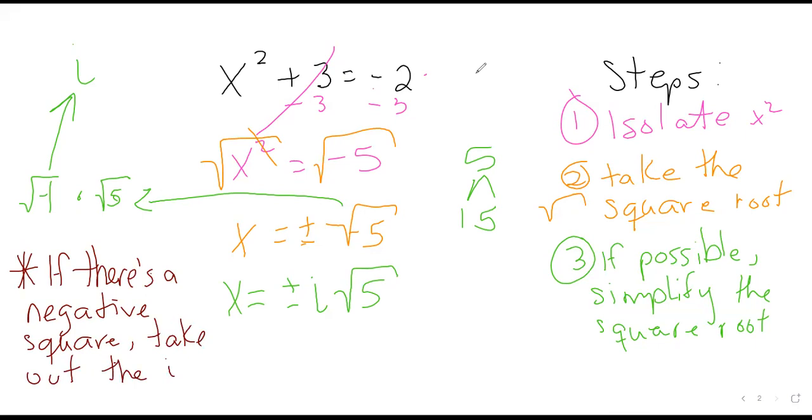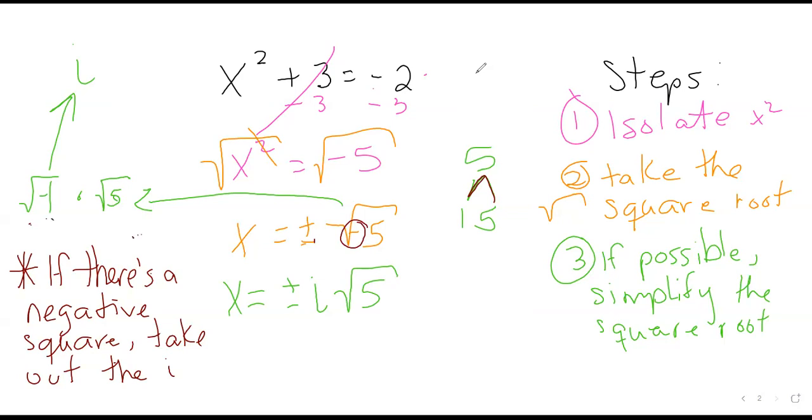So John, what you missed is that we have here now x is equal to plus or minus the square root of -5, right? So we know that 5 can only be simplified to 1 times 5, right? There's no pair there. So 5 has to stay inside the radical. But I notice this negative. And this negative is the same thing as saying the square root of -1 times the square root of 5, right?